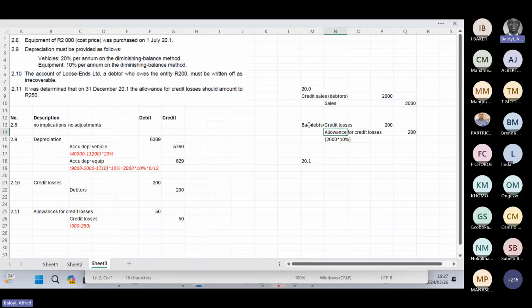The purpose of this is similar to what we're doing with accrued income or accrued expenses. If we believe that this total amount will not be received, we'd rather have an expense in the current year and have an allowance in future. So the allowance for credit losses will be a balance sheet amount, and it will go to the future periods. That is the difference. The one is an expense amount, and the other is a balance sheet amount.